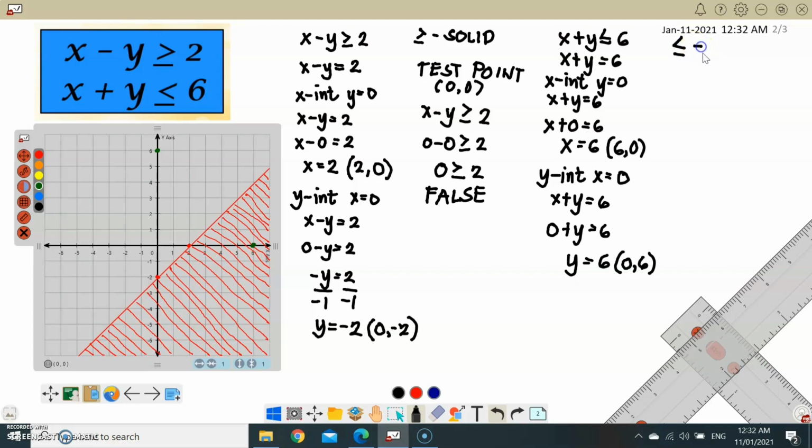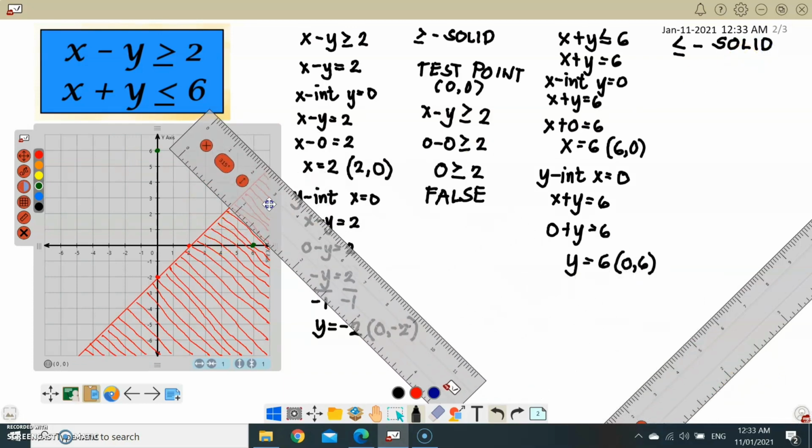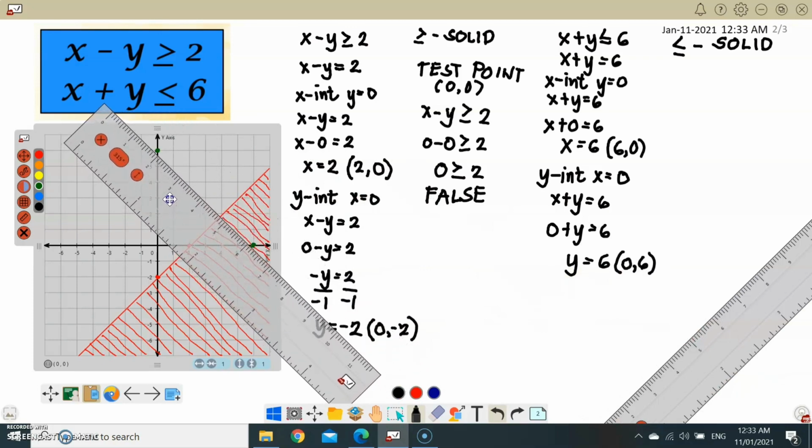So what boundary line are we going to use? Is it a solid line or is it a broken line? Obviously, it is a solid line. So we're going to connect the points using a solid line. Using a ruler, let us connect the points. There.